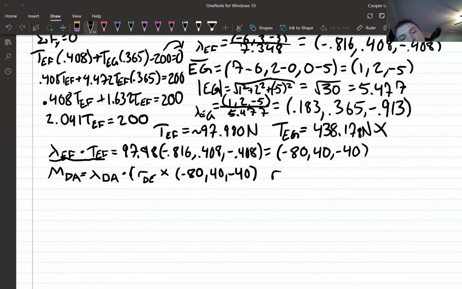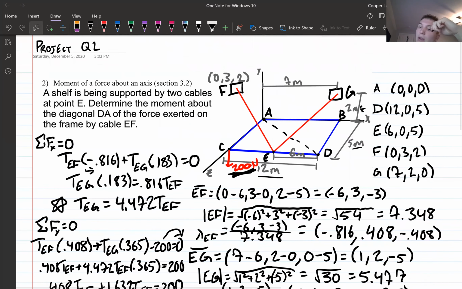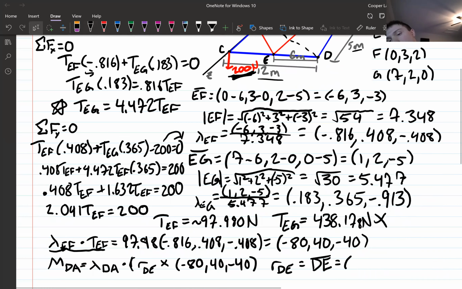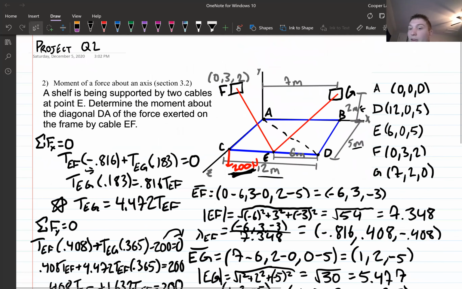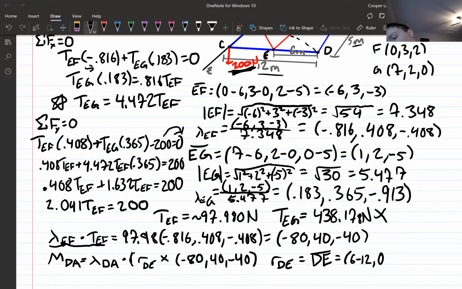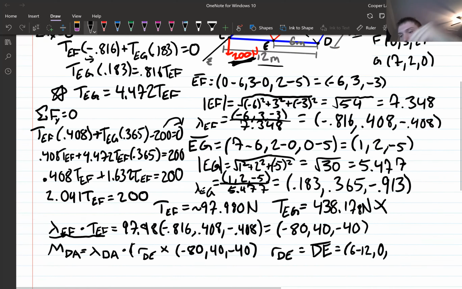So RDE pretty much equals what changes between point D and point E, which is the same as writing just DE, which equals, if we go up here, 6 minus 12, comma, 0 minus 0, comma, 5 minus 5.